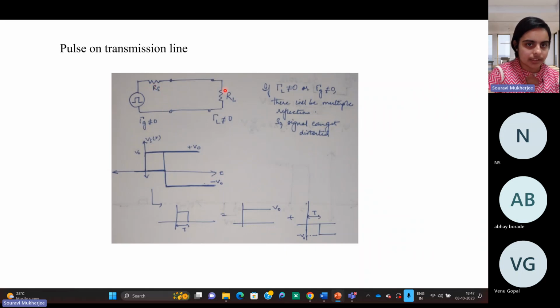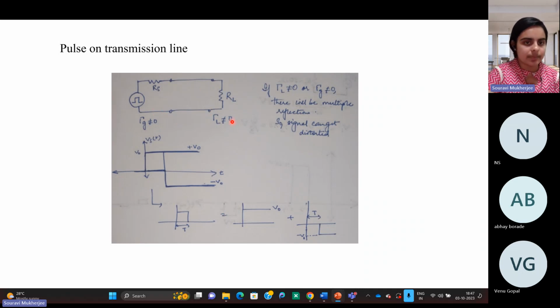There can be some reflections depending on the characteristic impedance of your transmission line. Depending on whether they match or not, you'll get some reflections at the load side and some reflections on the source or generator side, given by these reflection coefficients. In general they are not 0, so there can be multiple reflections from this end and also from this end, right?